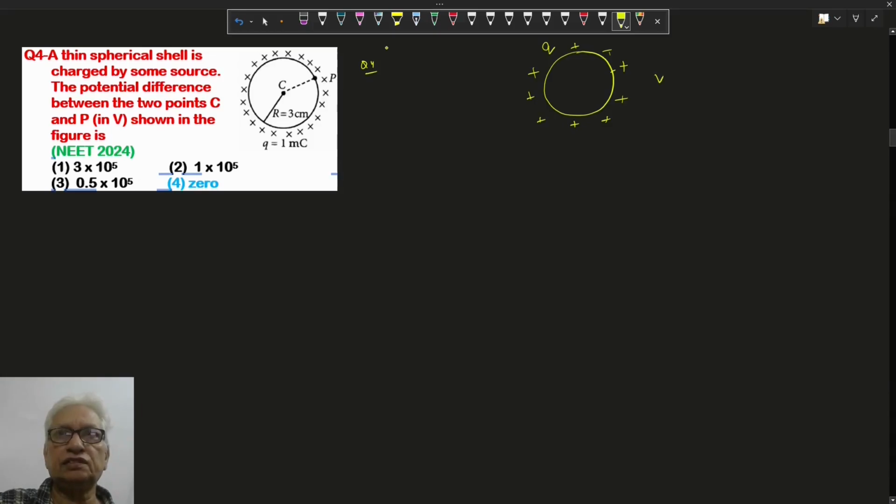So voltage on the surface and voltage inside at any point is the same. So same for center also. Means if voltage on the surface and voltage at the center is same, so what is the voltage difference? That must be 0. So option 4 is correct.